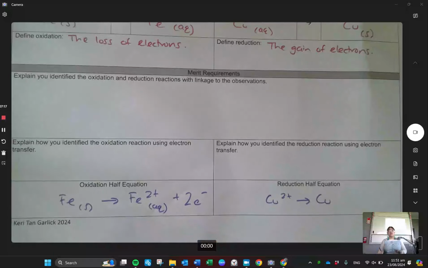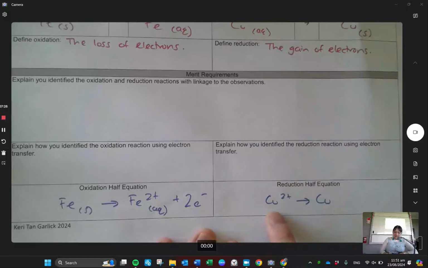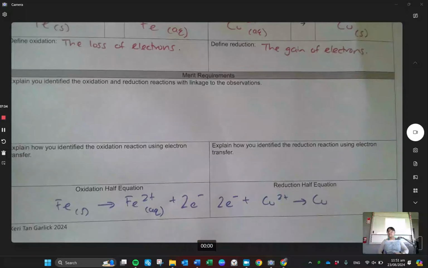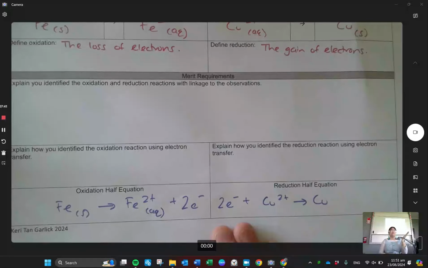Now, something I have to be mindful of is this is a gain of electrons, and I have to be mindful of how many electrons are going to be gained. So when I look at this, I see that this is a +2 and it's gone to a 0. So in order for me to lose the +2 charge, we are adding 2 electrons. So on reduction reactions, the electrons should be on the product side because you are gaining them.